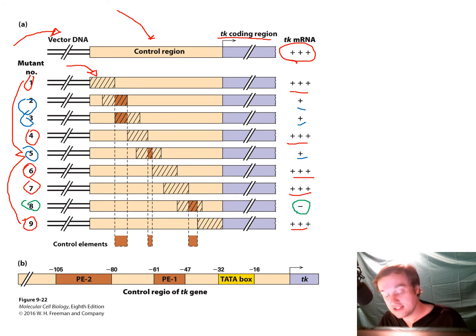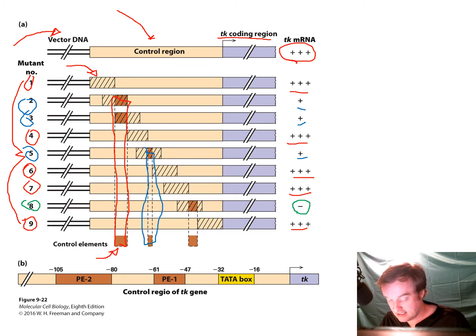Using this information, we can map those positions. If we bring this straight down, we can see this conserved element here, which I'm going to try to trace as best I can, that was present in mutants 2 and 3, as well as this region that was in mutant number 5.